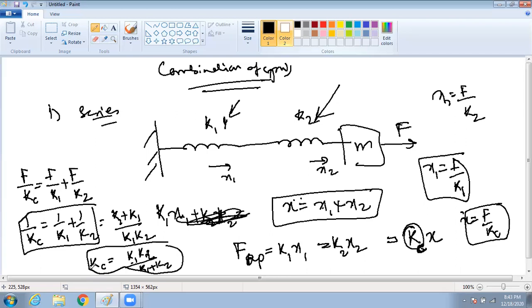Resistor in series, the combination is R1 plus R2. But in capacitor, series is 1 by C. So it is the same as capacitance, ulta of resistor. See, that's why the physics similarity is always there.